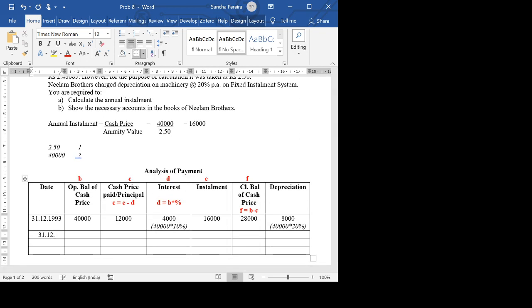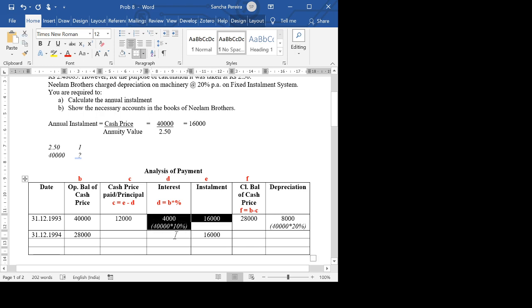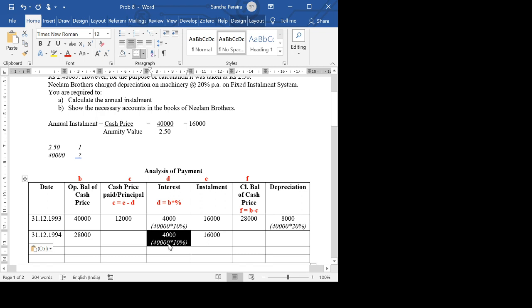31st December 1994. Opening balance is 28,000. We know the installment already, 16,000. How will we calculate the interest? Right now the interest has to be calculated on 28,000. So here you will get 2,800.